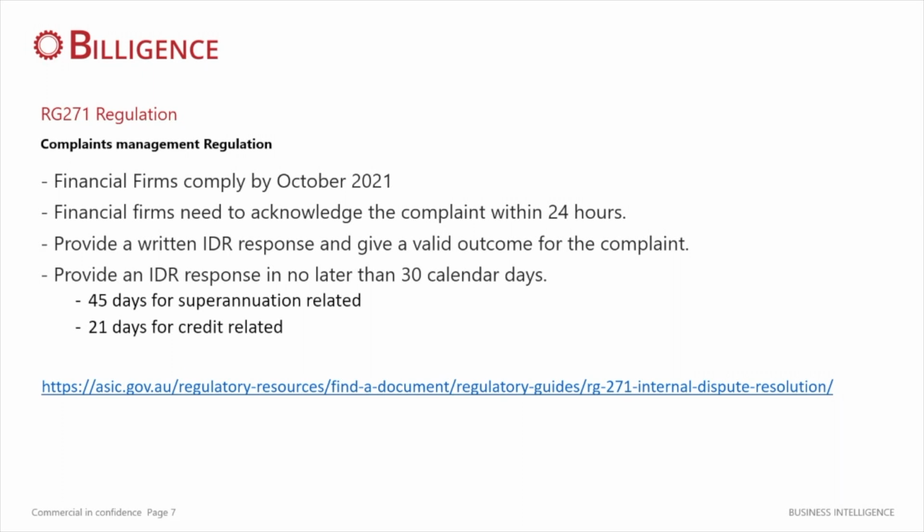The regulation basically dictates that all financial firms need to comply with this by end of October 2021. It entails the maximum time frame financial firms have for dispute resolutions. Financial firms need to acknowledge the complaint in 24 hours.